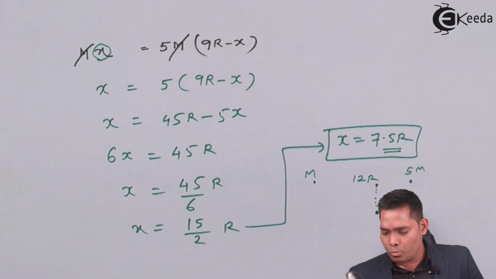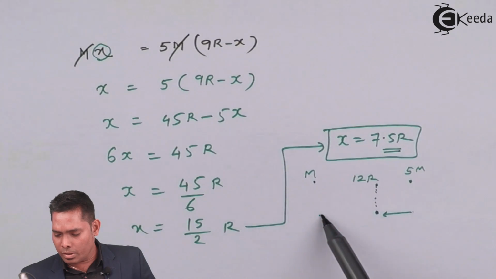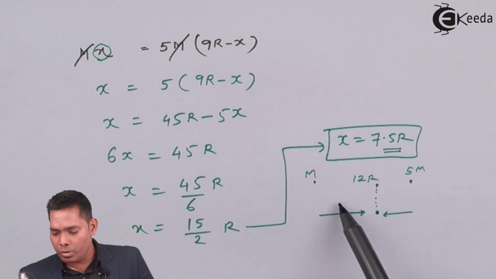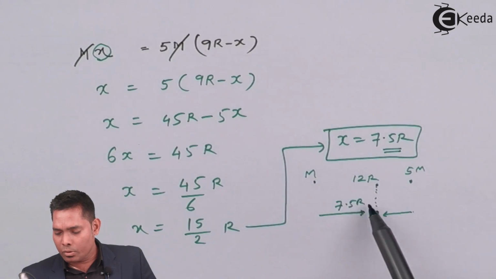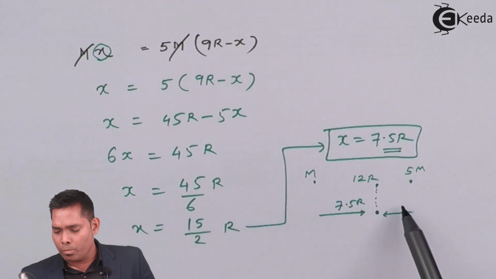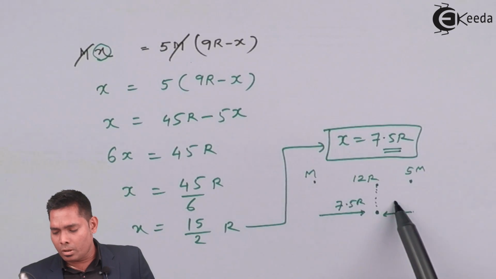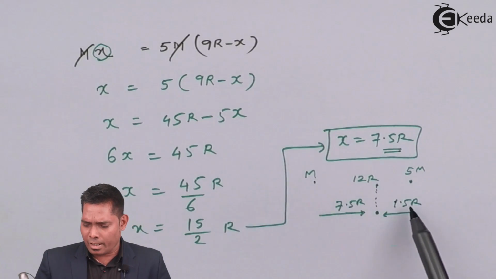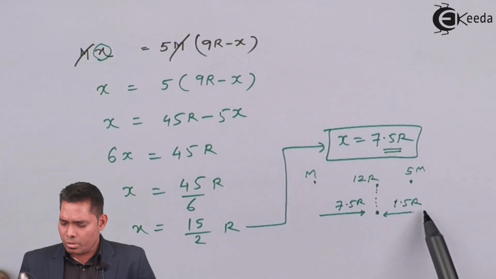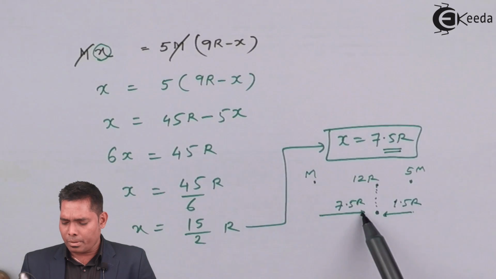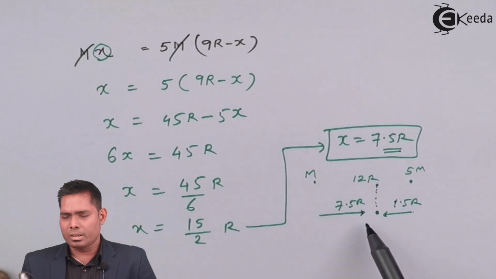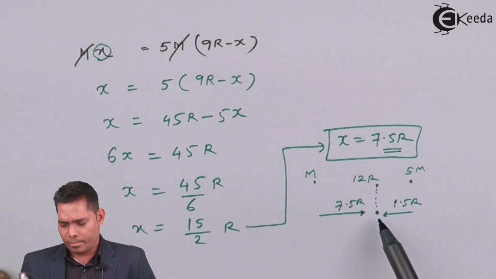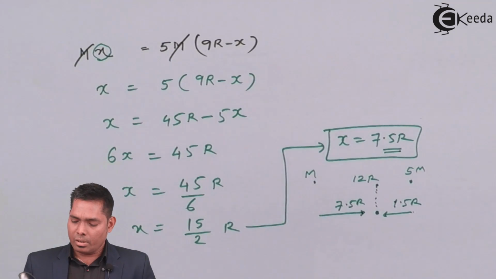These two masses move toward each other and collide somewhere. The distance this mass will move is 7.5r, so obviously the other has to move the remaining distance, that is 1.5r, so that the sum is 9r. So this will move by 1.5r, this will move by 7.5r. The total distance moved is 9r.